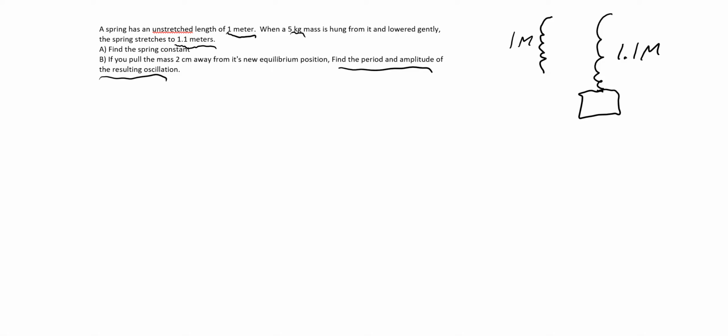So, first things first, they want to find the spring constant. Okay, well, if you recall, for a spring, the force that a spring exerts when you pull on it is k times delta x. In other words, if you pull it some distance delta x, it will feel a force that is k times delta x. Well, they tell us that when we hang a mass from it, it goes from 1 to 1.1.